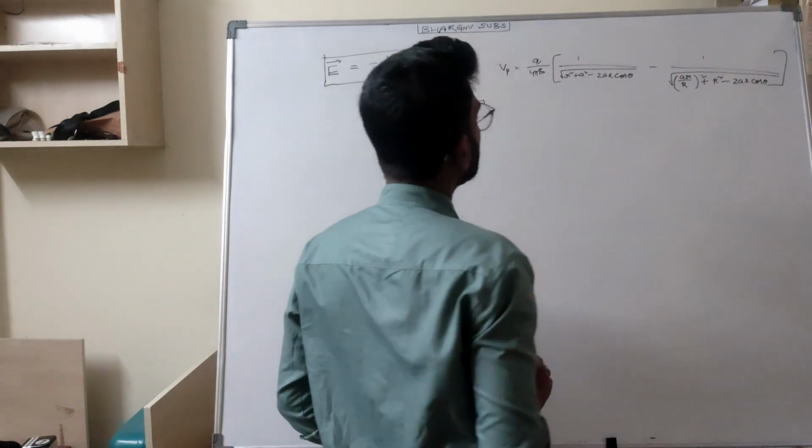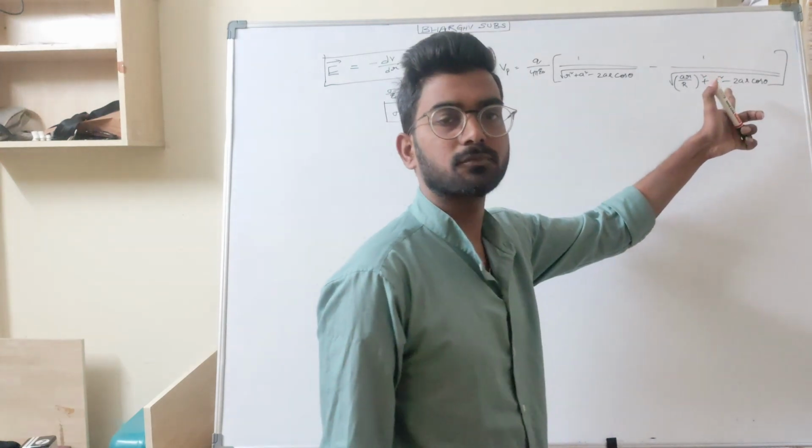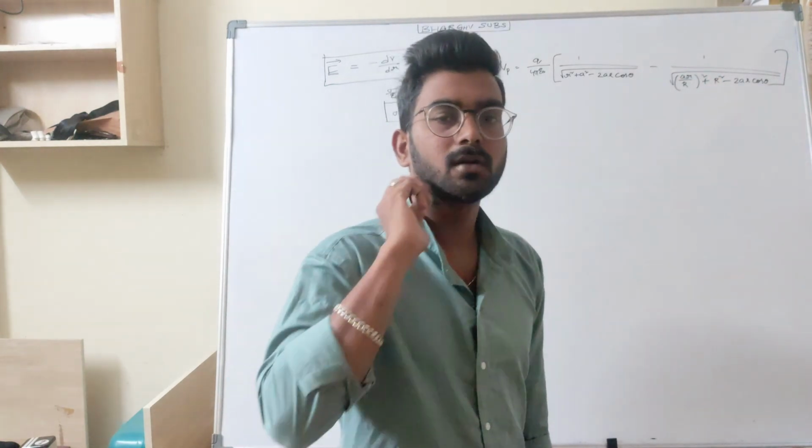So this was the value of potential. Here capital R is the radius of the conducting shell, and small r is where the point is being considered.